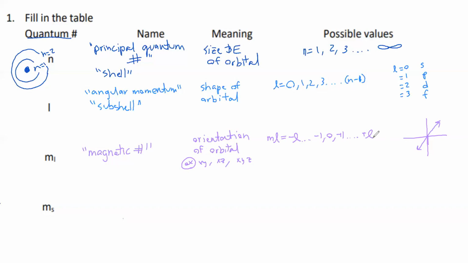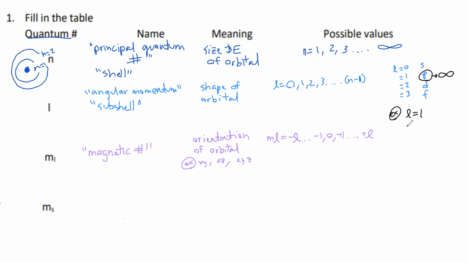Cool. And we're gonna take a little side trip here, just to talk about a side example. Let's say we have L is equal to 1. That means that it's a p orbital. And what are p orbitals shaped like? P orbitals are shaped like little peanuts, little infinity signs.